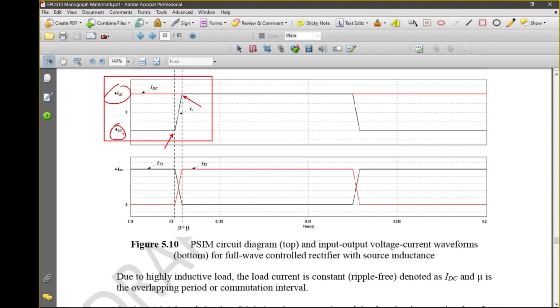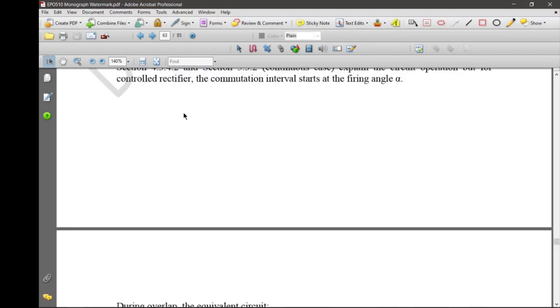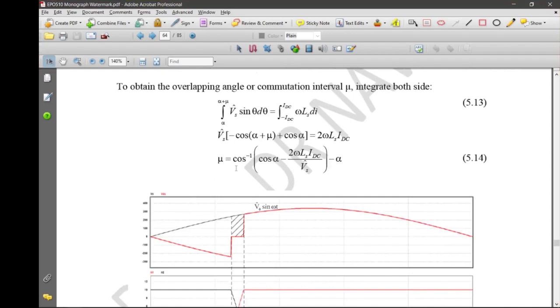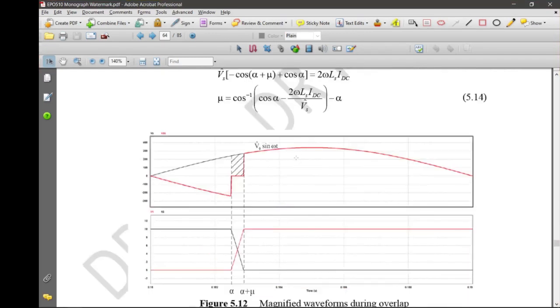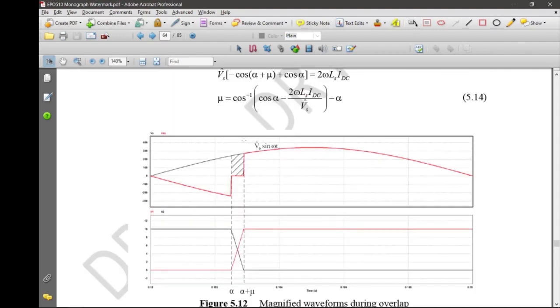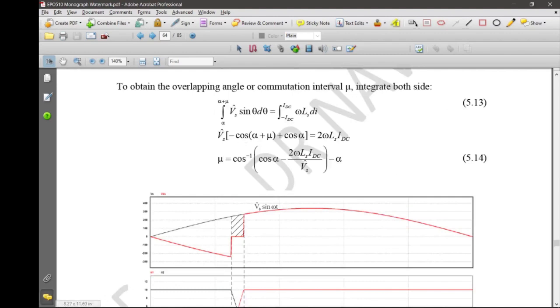So you have minus IDC to IDC for the limit of the current equation. Solve that, and it gives you this equation. You have an extra minus alpha in your equation there. That is how to get mu. If you know the value of LS, IDC, and the rest, you can simply calculate mu.